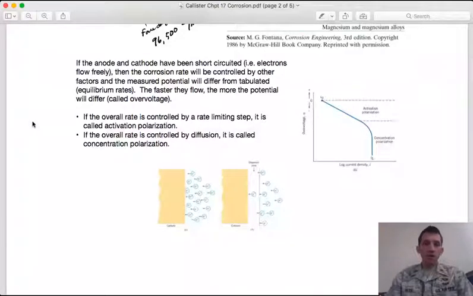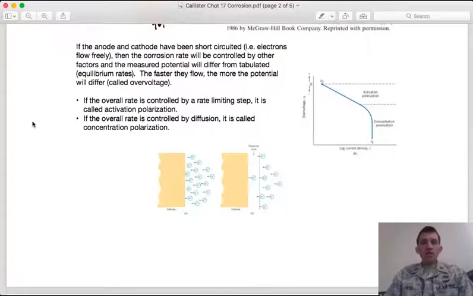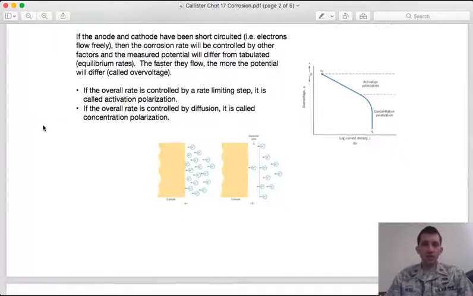This is what we call overvoltage. And so there's some rate limiting mechanism that controls the corrosion rate, and there are two main regimes that we would consider. One is activation polarization, the other is concentration polarization.